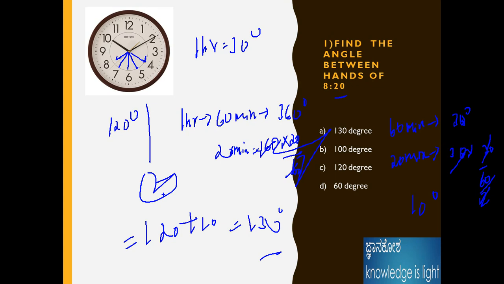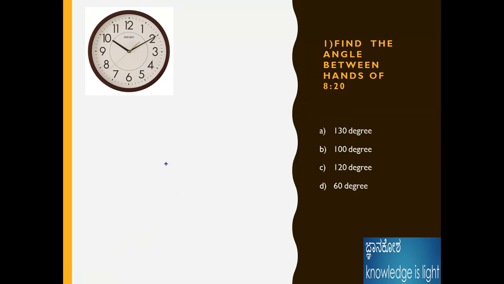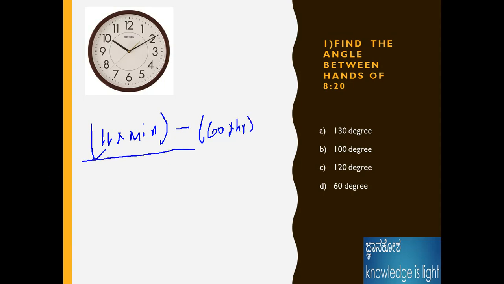The third method is also simple. This is the formula method. Note down: 11 into minute is equal to minus 60 into hour. This is the formula. If you remember this formula, you can use this method as well. Okay, 11 into the minute, that is 20, minus 60 into the hour, here 8, that is 480, all divided by 2.